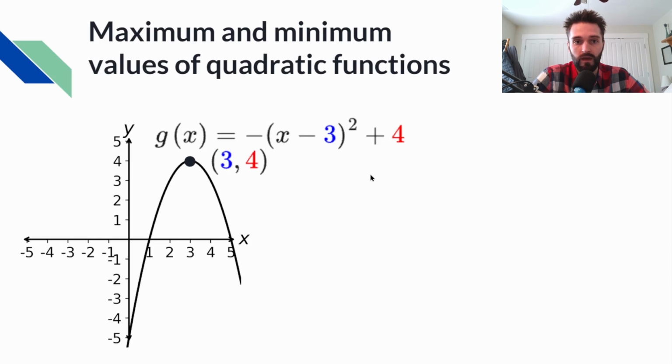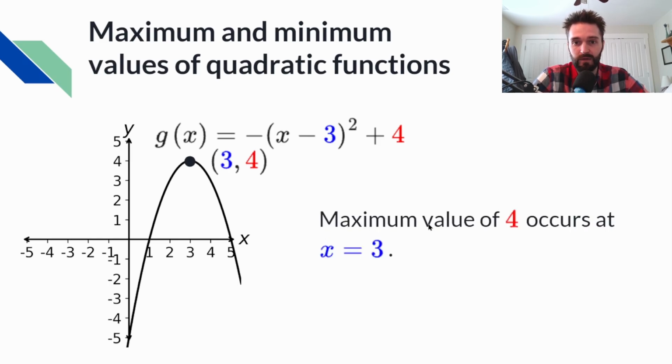And that means that the maximum value of 4 occurs at the position x equals 3. We'll work on some word problems in a future video where we're asked to find maximum and minimum values.